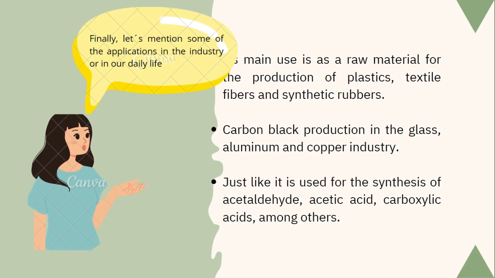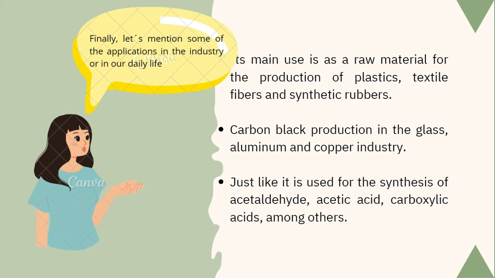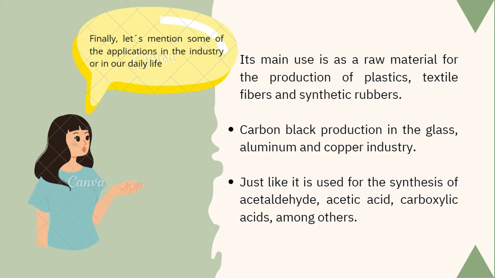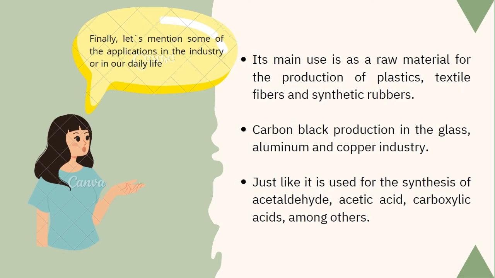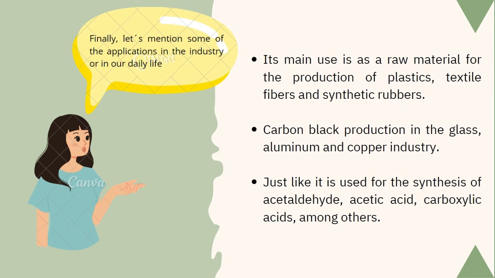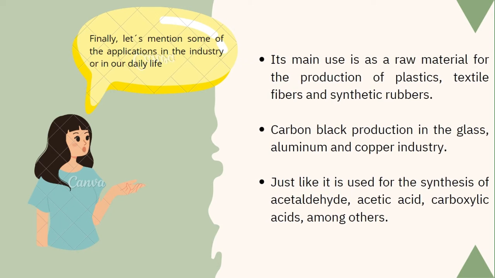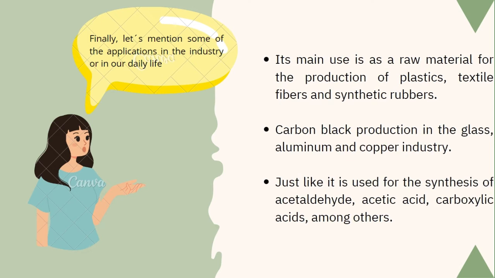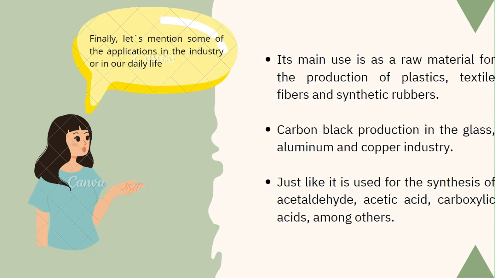Acetylene is really important to industry and can also be found in daily life. Now we are going to show you where you can find acetylene, in industry and in your daily life.